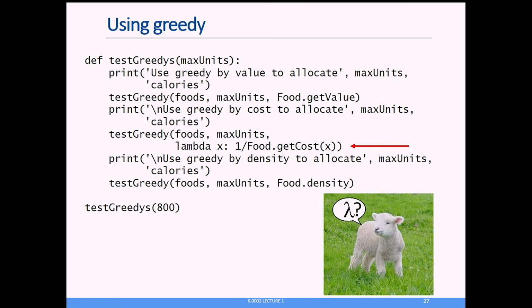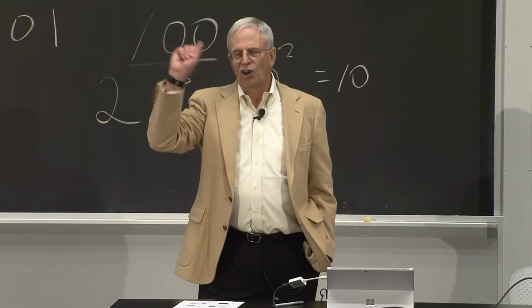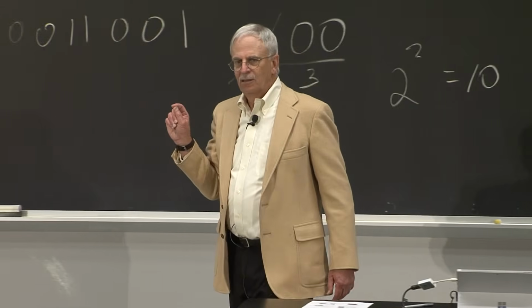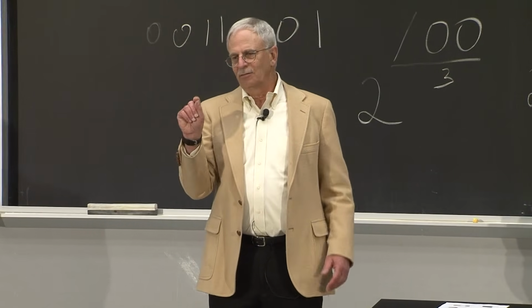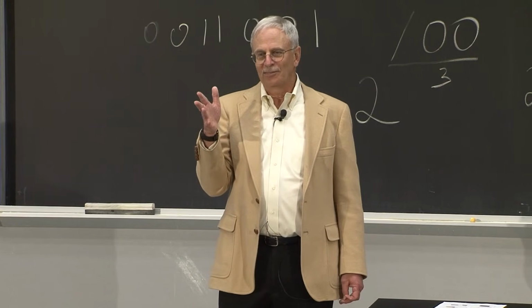What's going on with this Lambda? So here, we're going to be using greedy by density to allocate. Actually, sorry, this is greedy by cost. And you'll notice what we're doing is we don't want to pass in the cost, right? Because we really want the opposite of the cost, right?